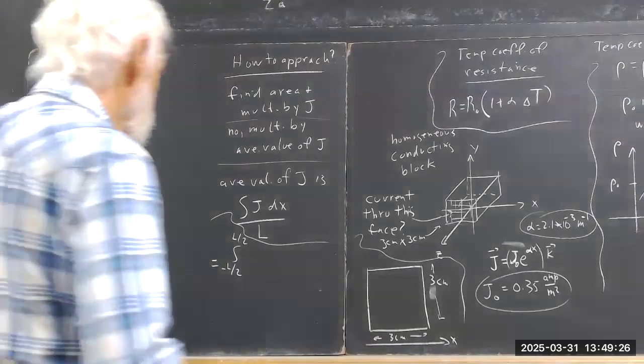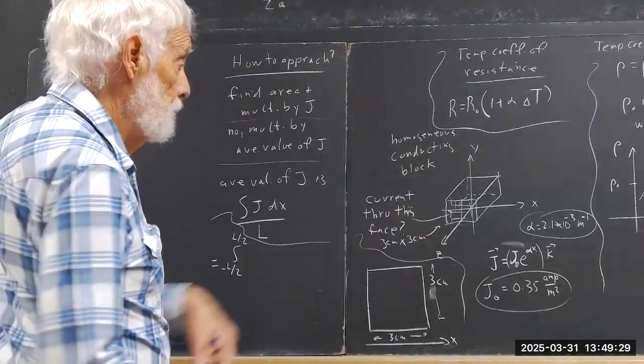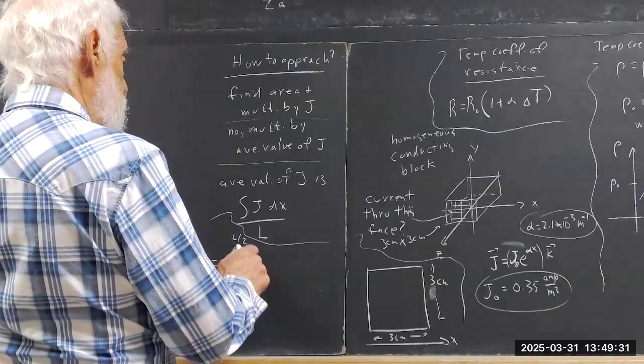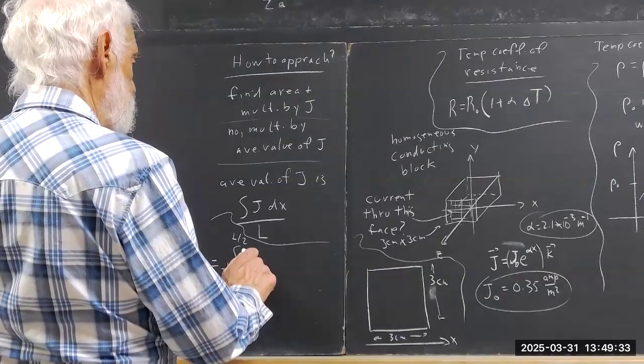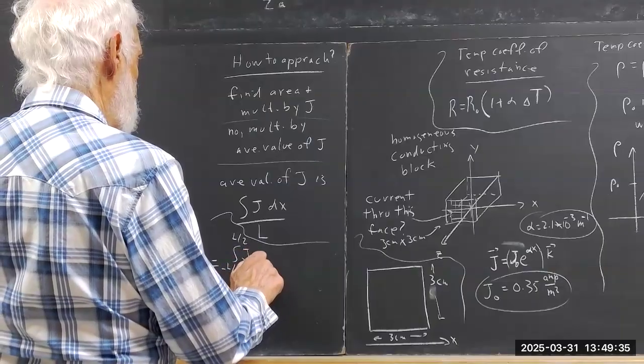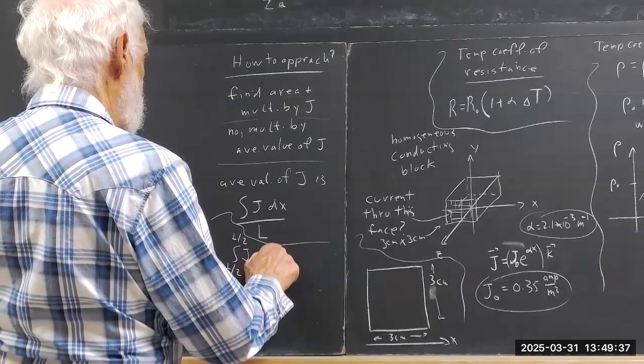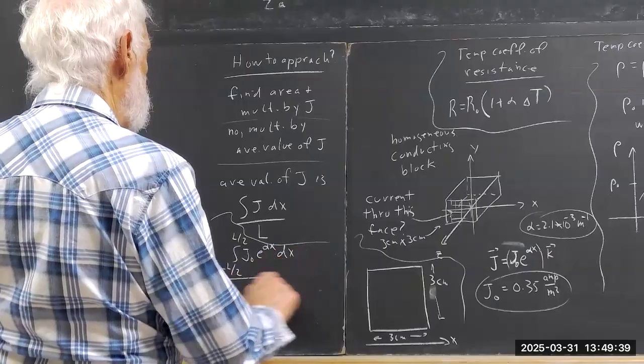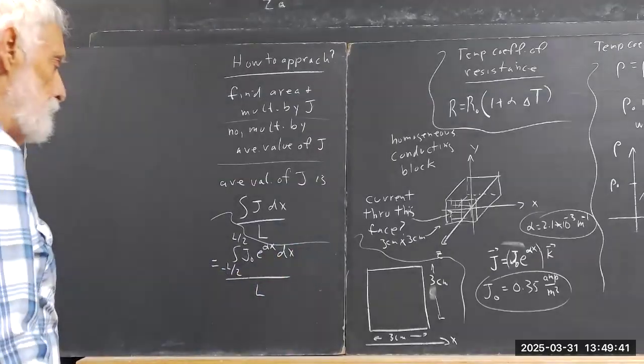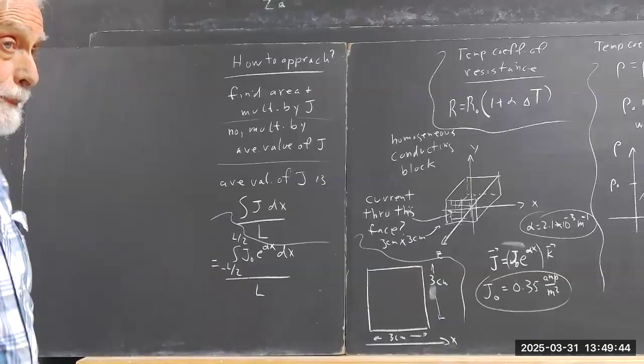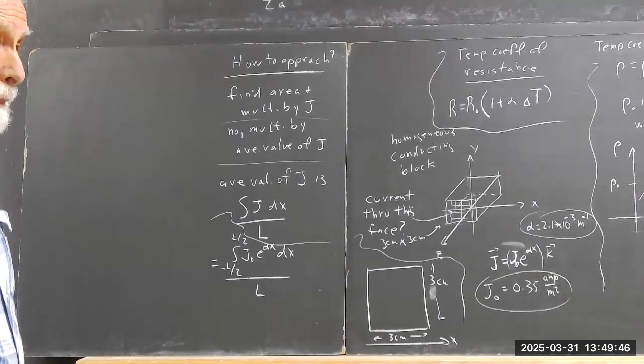I kind of think it does. The picture here looked pretty symmetric about the z-axis. That's what it is. That's the average value.